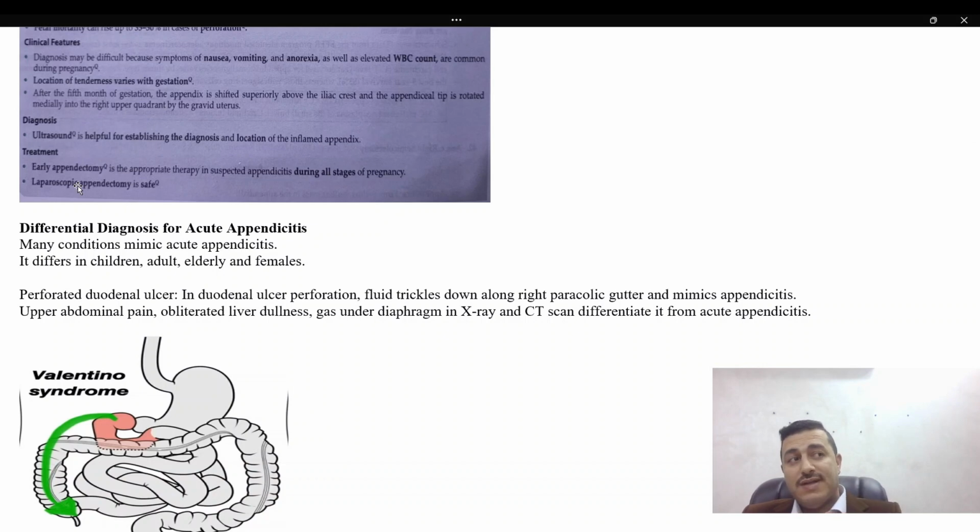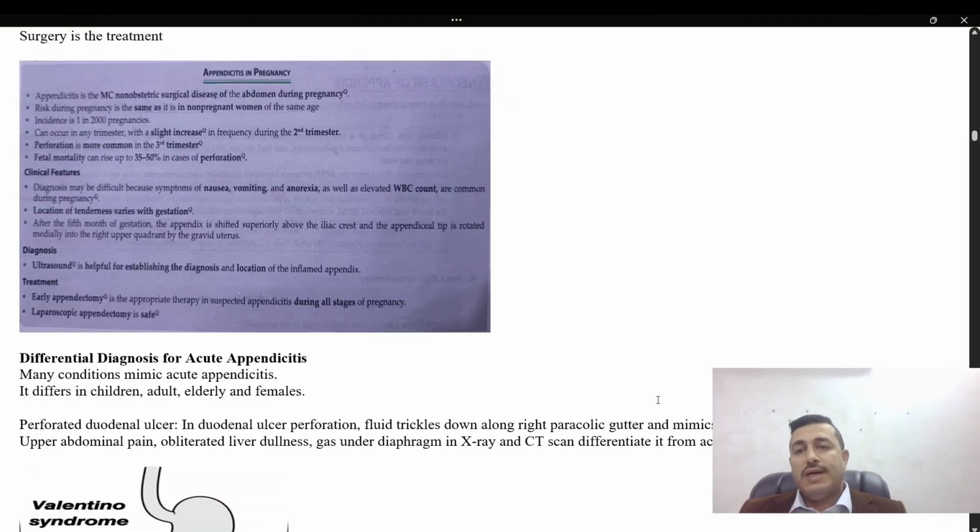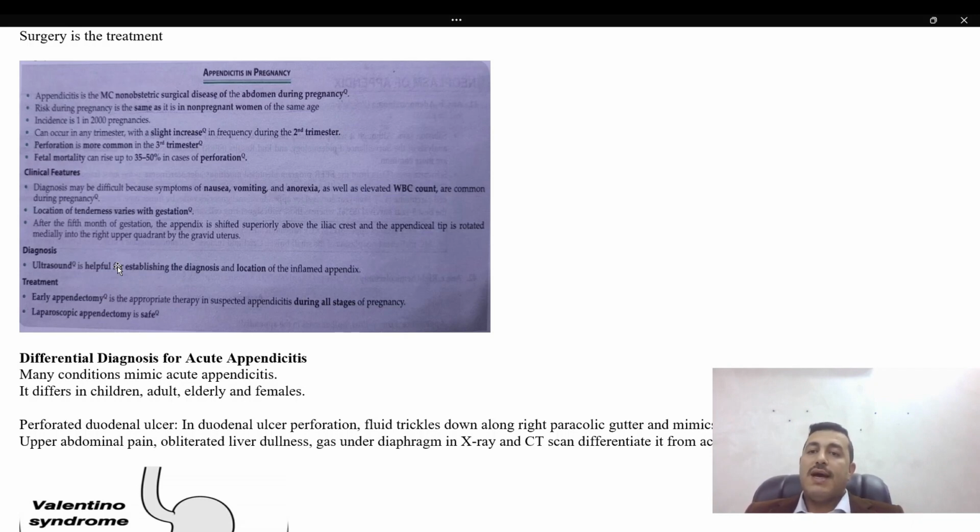About the diagnosis, I just want to add one piece of information: yes, it's written here that ultrasound is helpful, but if we have doubt, if we are not sure of our diagnosis, we have a low threshold to proceed to MRI, as it is radiation free. So MRI sometimes is helpful in diagnosing appendicitis in a pregnant woman.